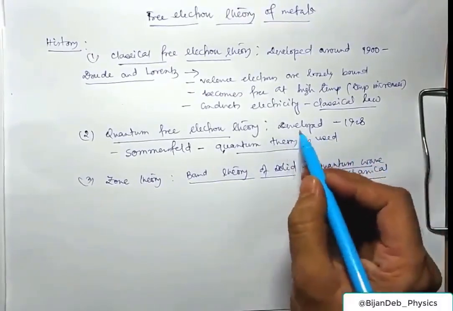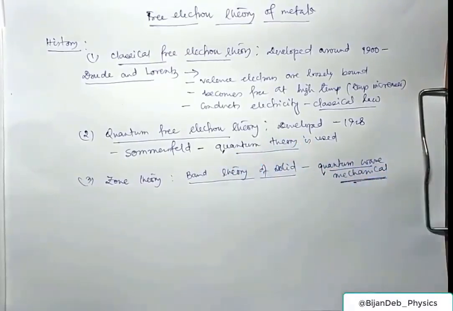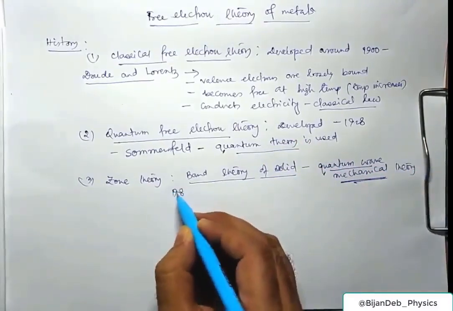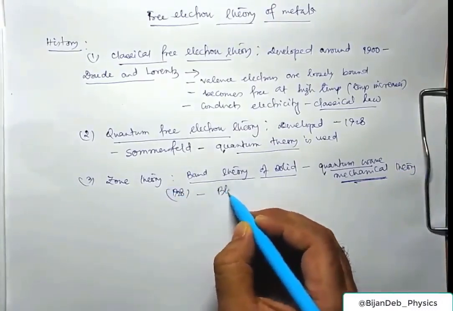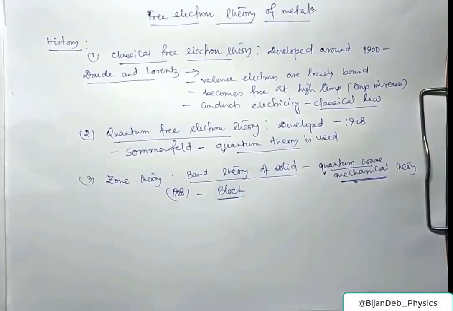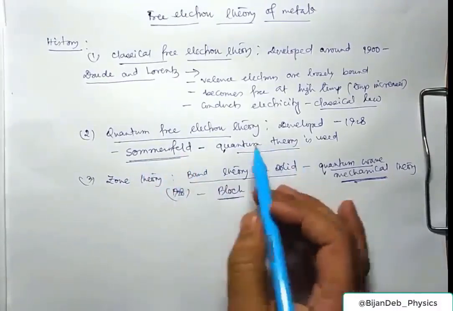In the earlier theory mainly particle nature is considered, but here the actual Schrodinger equation and quantum wave mechanical theory are used. It was also developed around 1928, and mainly extended by Bloch. We will study later the band theory of solids, where Bloch's theorem and formulation are used. Sommerfeld we will not study. This is just for your knowledge.